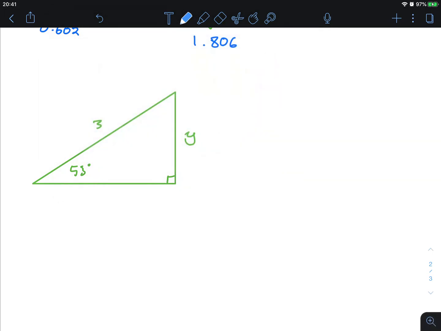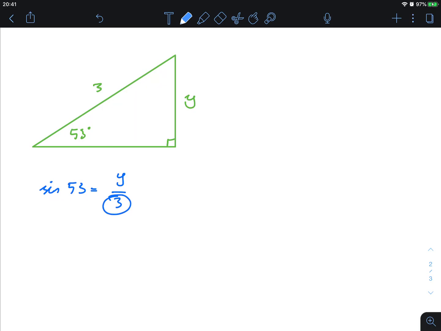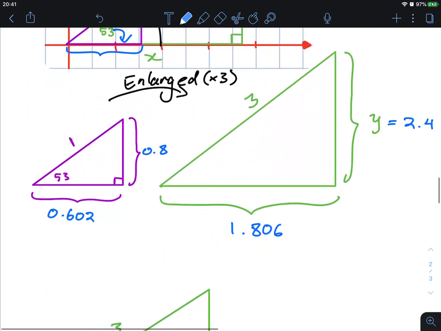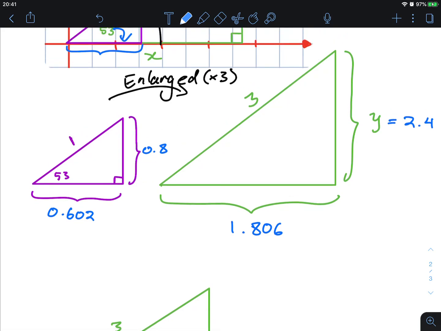If we wanted to find that, we would say sine of 53 equals opposite y over 3. And if we multiply sine 53 by 3, we get 3 sine 53 equals y. But isn't this the exact same process that we did here? We found the value of sine 53 and enlarged it by a factor of 3 to find this value here.